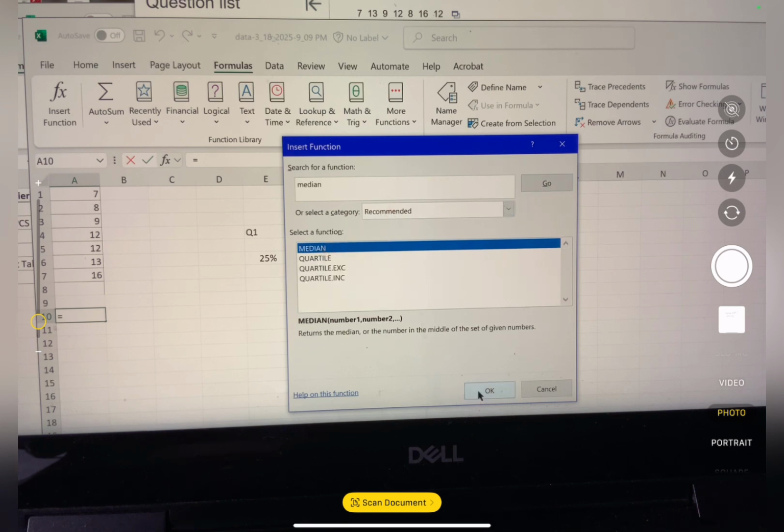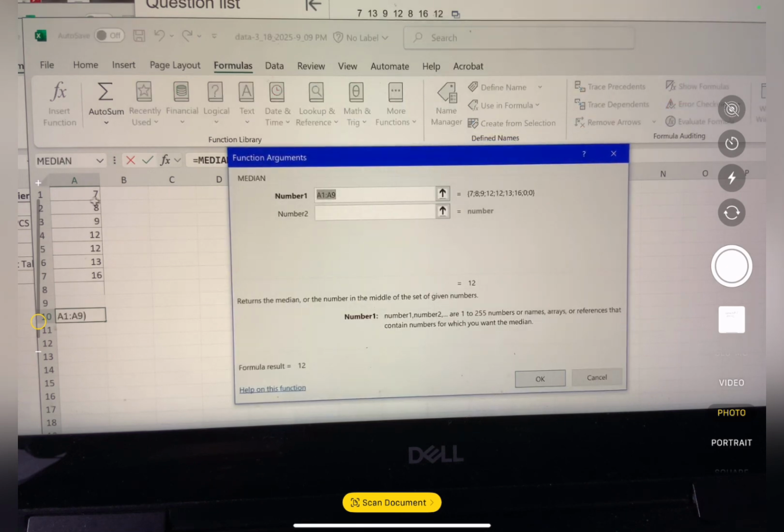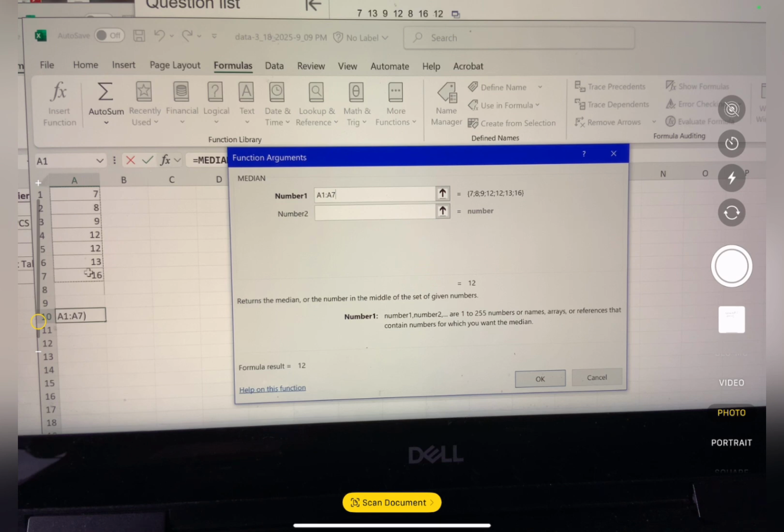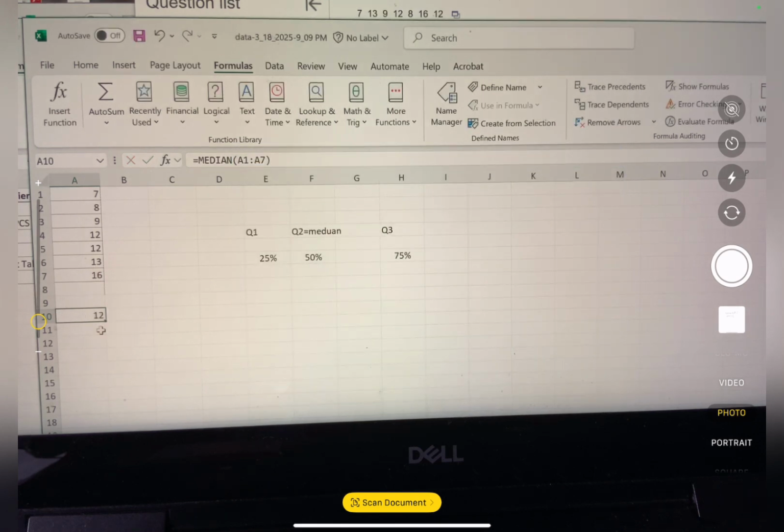Click OK. I'm highlighting the range, clicking enter, and 12 is going to be my median. And indeed, I have 7 numbers here and 7 here, so this 12 is my median.